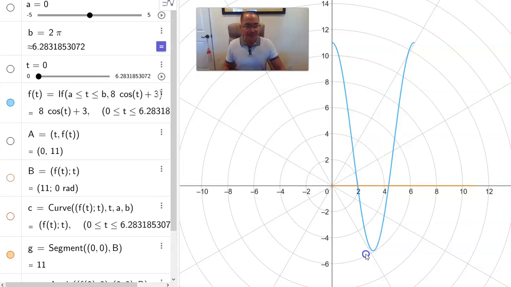Now let me show you this. I will show 2 points. One point is A, on the graph of the cosine curve. And then here's the point B, which will be the corresponding point in polar coordinates, r theta.